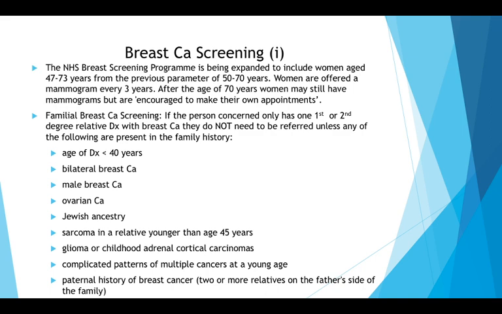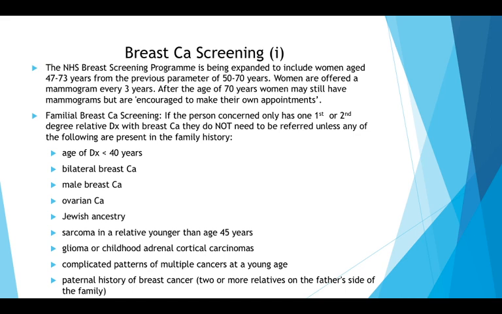There's a variety of inclusion criteria for screening, which I've listed there. For familial breast cancer screening, if the person concerned has one first or second degree relative diagnosed with breast cancer, they don't need to be referred.